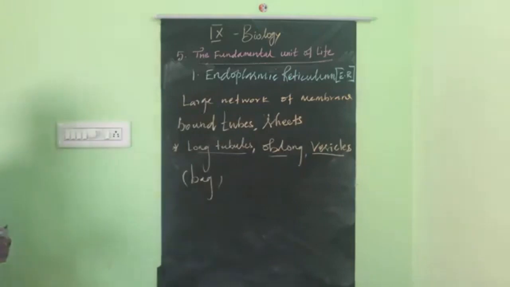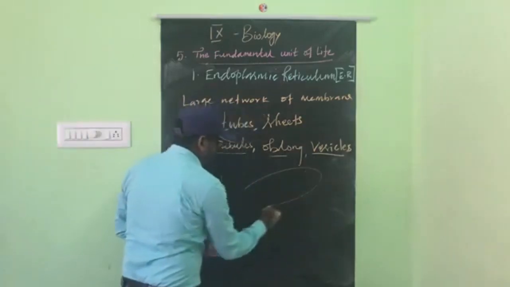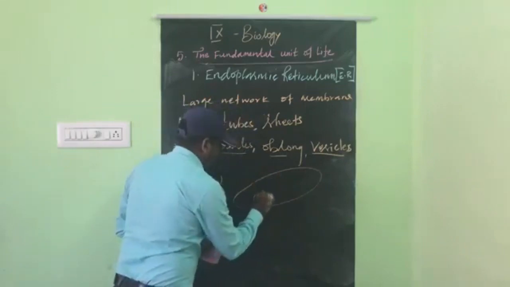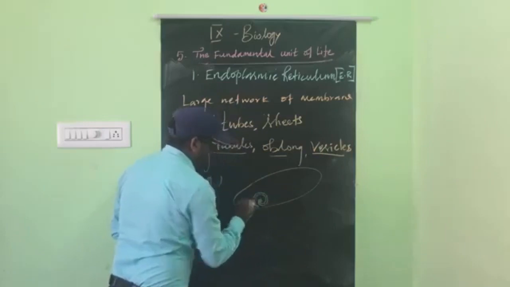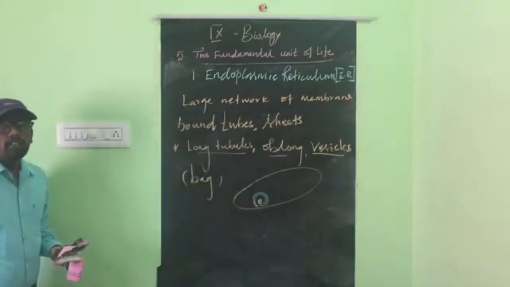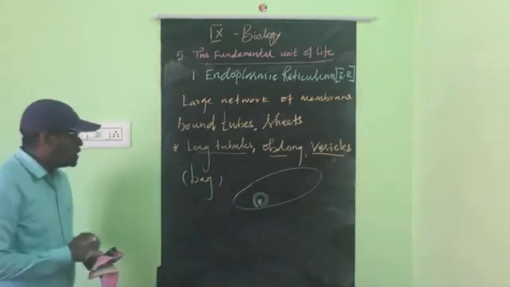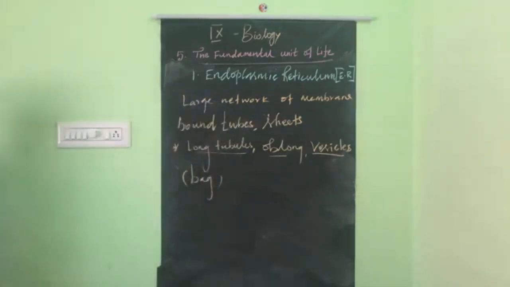We already discussed vesicles in the prokaryotic organism, where the cell membrane is invaginated, in the previous class. A vesicle is a sac or bag-like structure. Like this, the structure is also present in the endoplasmic reticulum. So this is the structure of the endoplasmic reticulum.